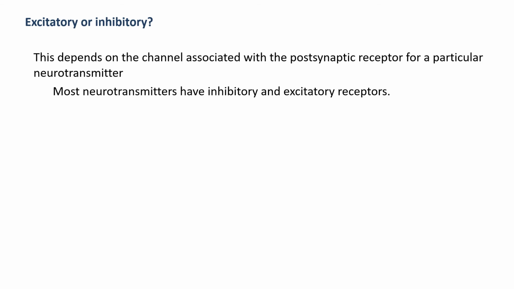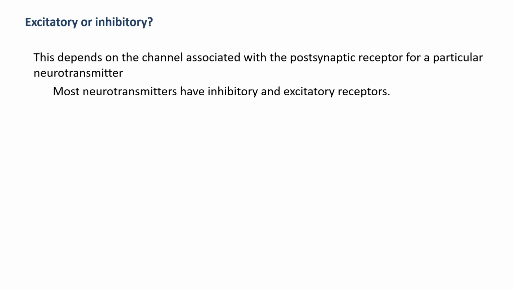So what makes this excitatory or inhibitory? Well, it depends on the channel associated with the postsynaptic receptor. So we're talking about the postsynaptic membrane here. Receptor associated next to a channel. Depending on that channel, and depending upon the particular neurotransmitter binding to the postsynaptic receptor associated with it, will depend on whether it's excitatory or inhibitory.